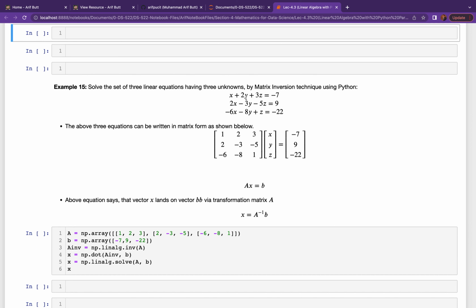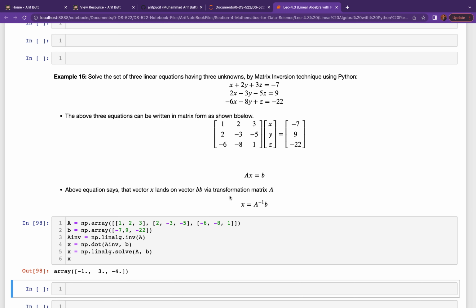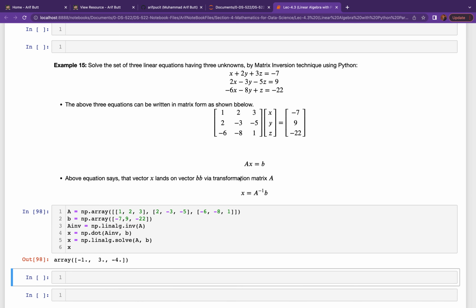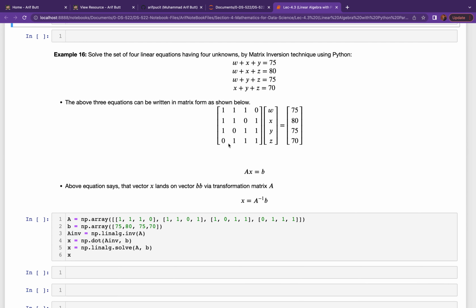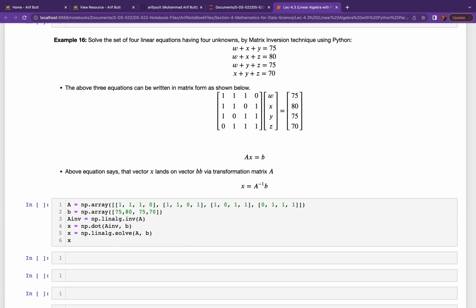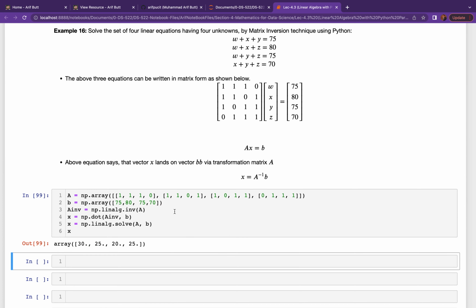Over here we have three unknowns, three equations. Let me solve it. Please do solve it using paper and pencil as well for practice's sake. So this is another example having 4 equations and 4 unknowns. Let me execute this code.